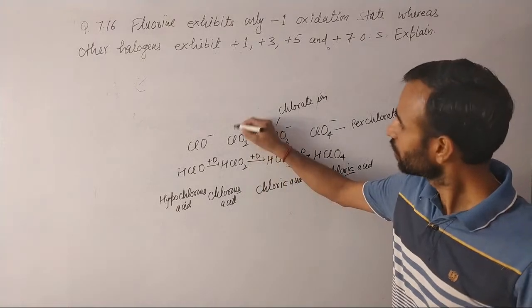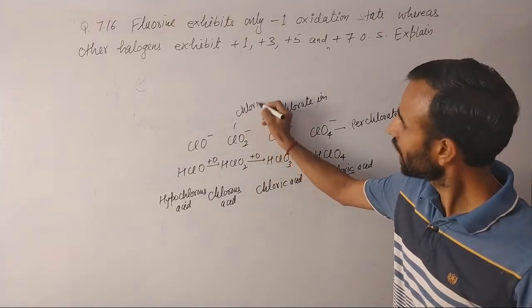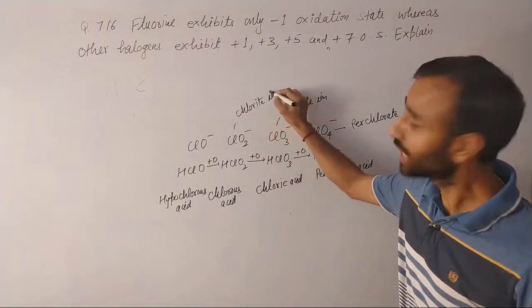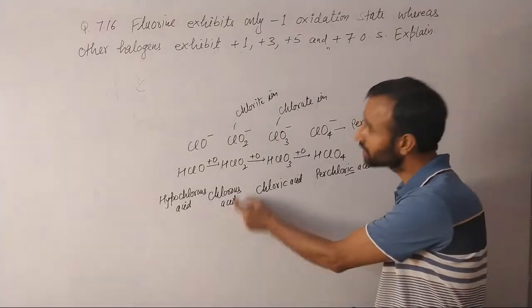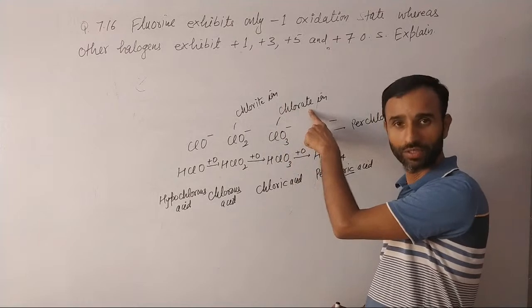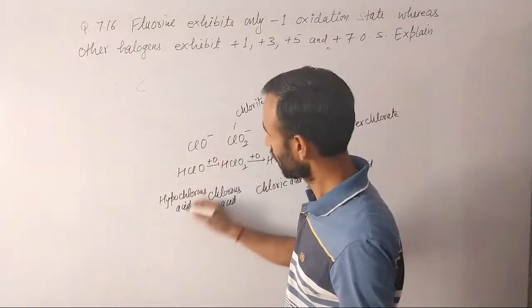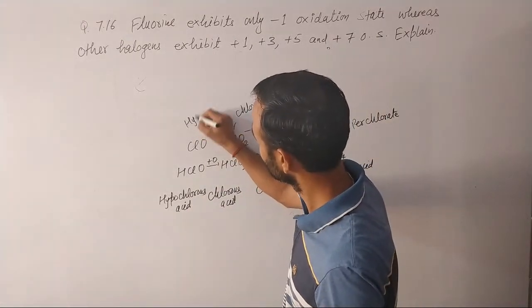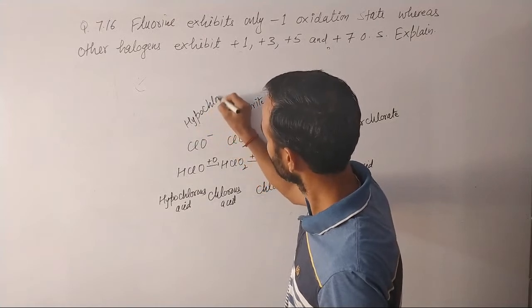Chlorous becomes chlorite ion. See the naming: if it is ous, it becomes ite. If it is ic, it becomes ate. Hypochlorous becomes hypochlorite.